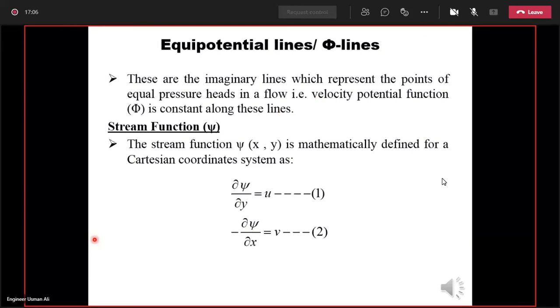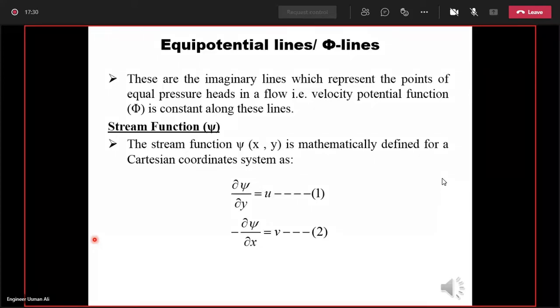Next are the equipotential lines, the phi lines. These are imaginary lines which represent the points of equal pressure head in a flow. They are drawn in such a way that along this line the pressure head remains the same. They are the lines joining the points of equal pressure head in a flow.